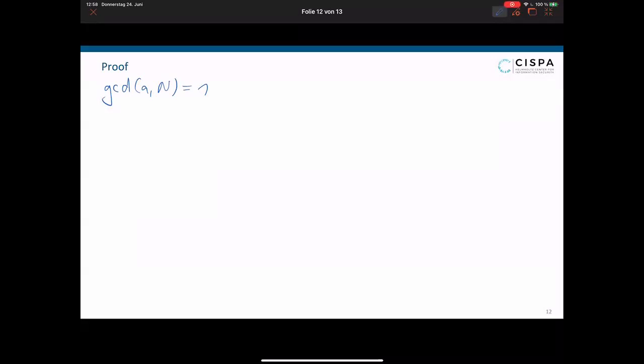How can I deduce from that a has a multiplicative inverse modulo n? Well, we've just seen this lemma earlier today. Let's call it lemma 1. That this means we have x and y such that a times x plus b times n equals 1.